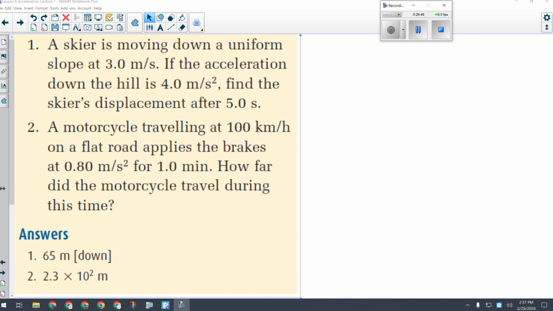Okay, so for our first one, we got a skier moving down a uniform slope at 3 meters per second. That sounds like an initial velocity to me. Okay, so 3.0 meters per second downhill. Okay, the acceleration down the hill is 4 meters per second squared.